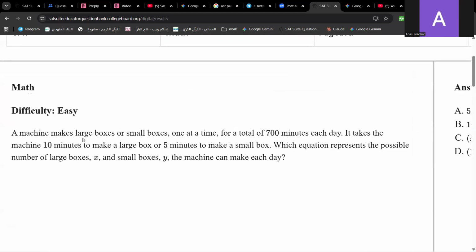A machine makes large boxes or small boxes one at a time for a total of 700 minutes each day. It takes the machine 10 minutes to make a large box or 5 minutes to make a small box. Which equation represents the possible numbers? So 5 minutes for the small box, 5x plus 10 minutes for the large box equals 700.